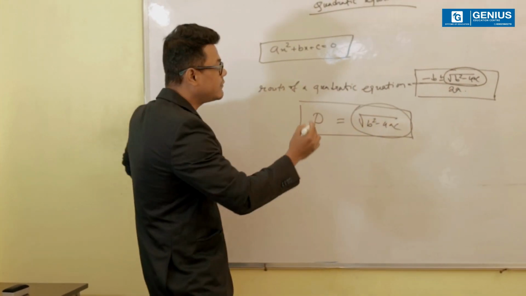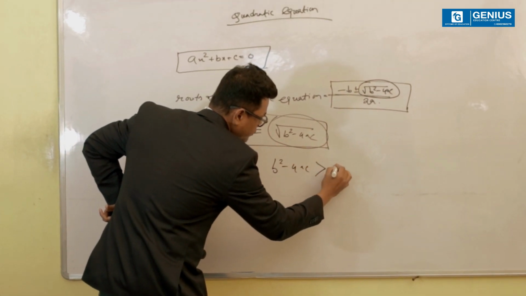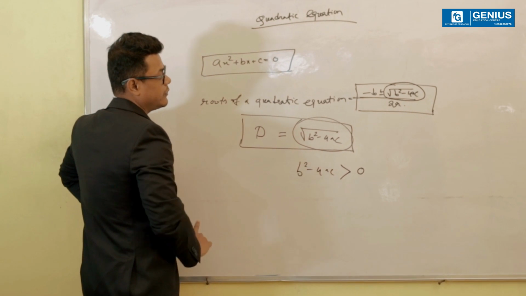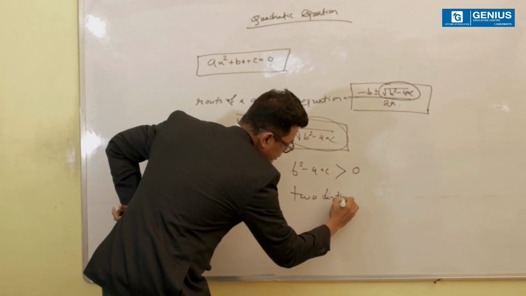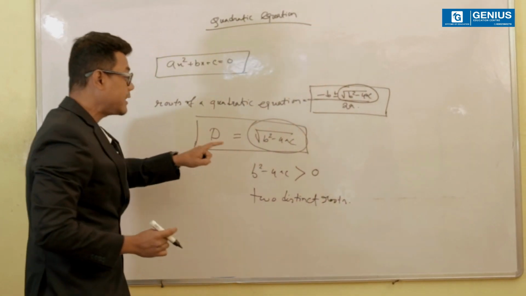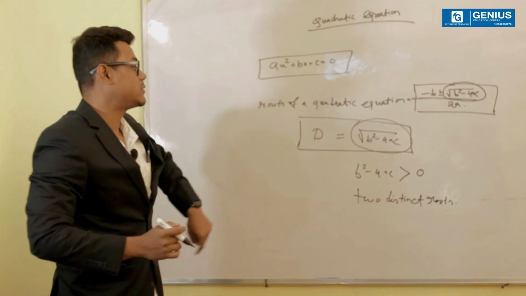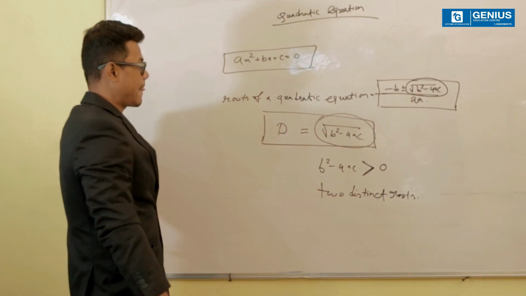First of all, if b square minus 4ac is greater than 0, it will give you two distinct roots.